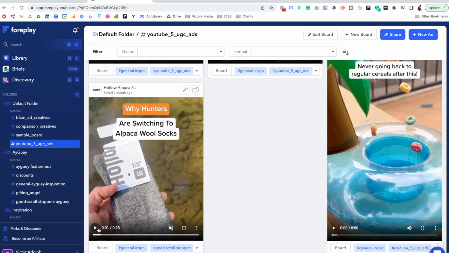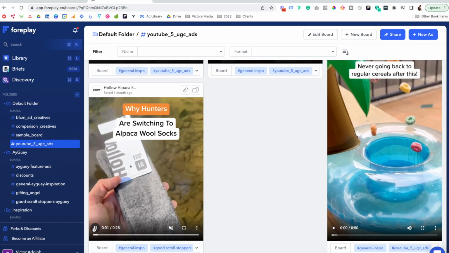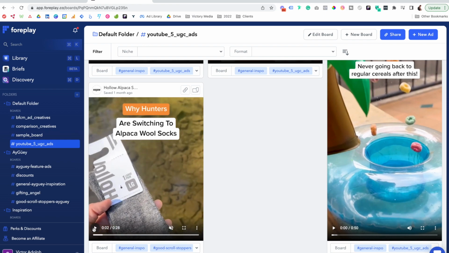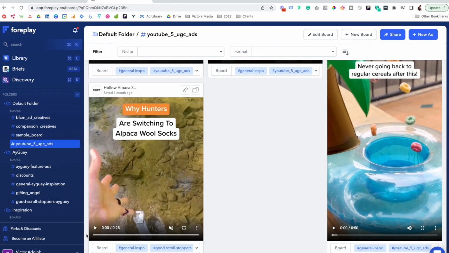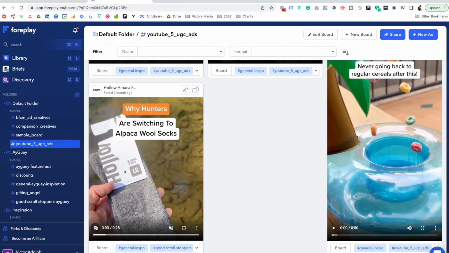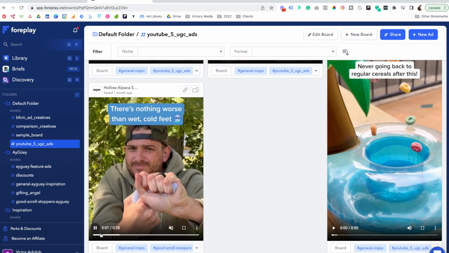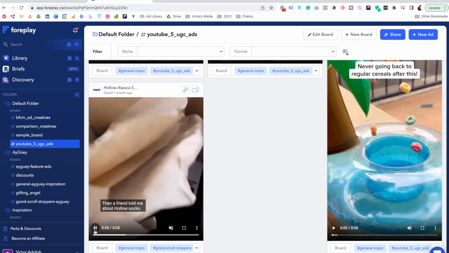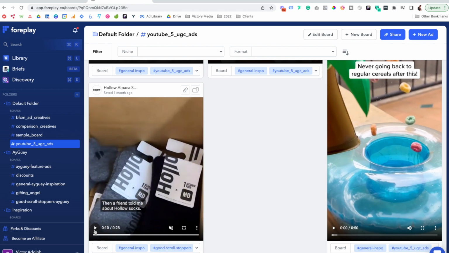Why hunters are switching to alpaca wool socks could switch to why hikers are switching to alpaca wool socks, or why skiers are switching to alpaca wool socks, and really change the messaging right there. And then they go ahead with the testimonial of a hunter, again talk about the particular benefit and a particular solution to the problem that a lot of hunters probably out there are facing, and then talk more about the product.